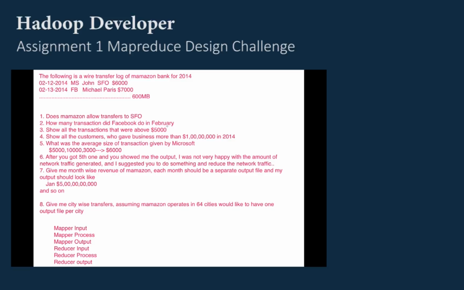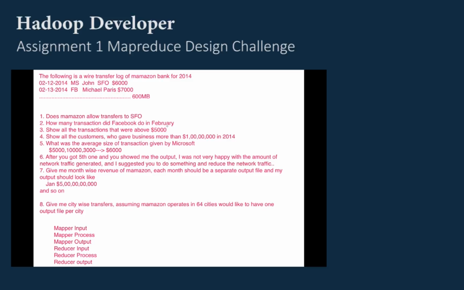The second assignment is, how many transactions did Facebook do in February? So in the month of February, how many transactions did Facebook perform? The third is, show all the transactions that were above $5,000.